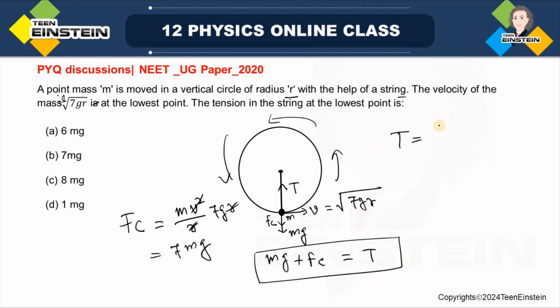And mg we know already. So the tension will be 7mg plus mg, the weight acting in the downward direction. So the total tension acting on the string at this position is 8mg. So option C will be the correct answer for this question.